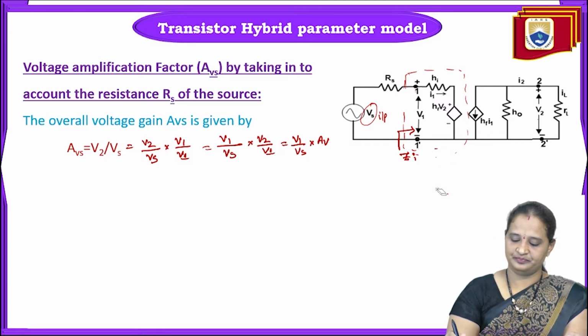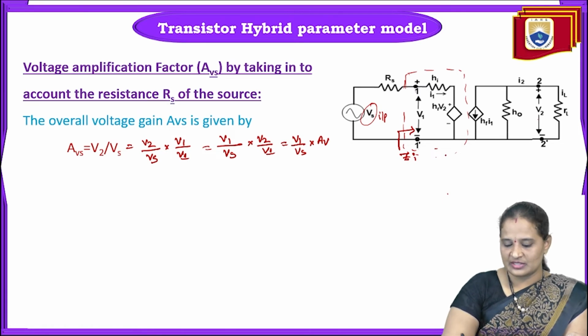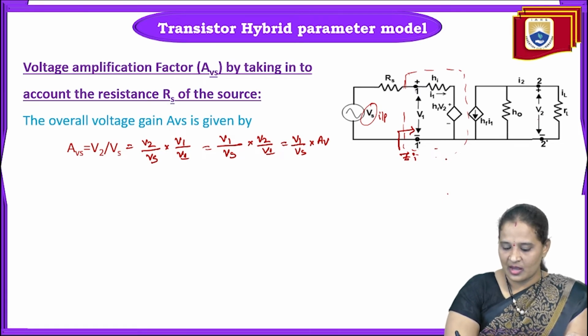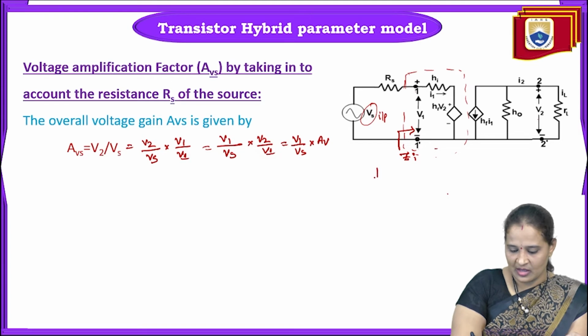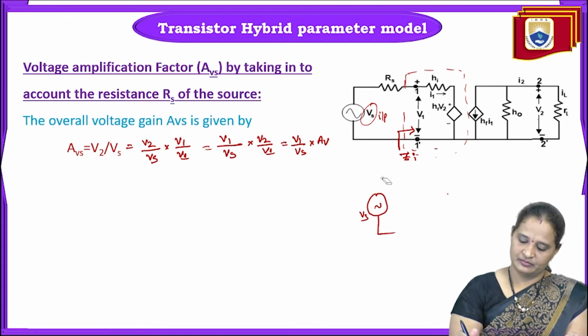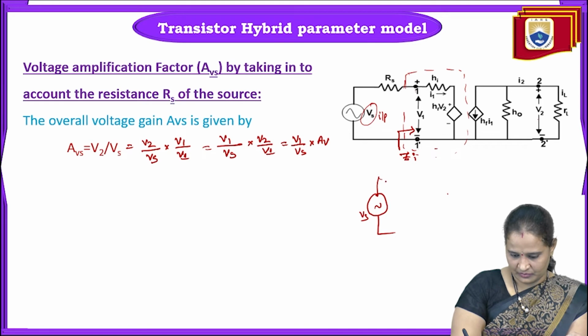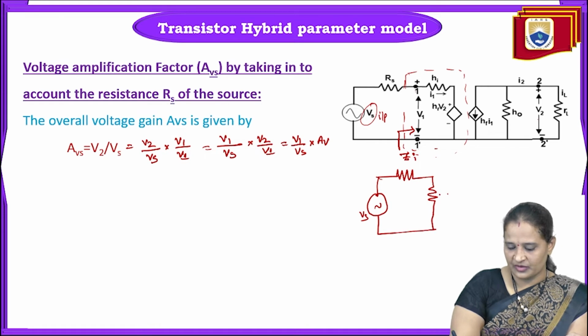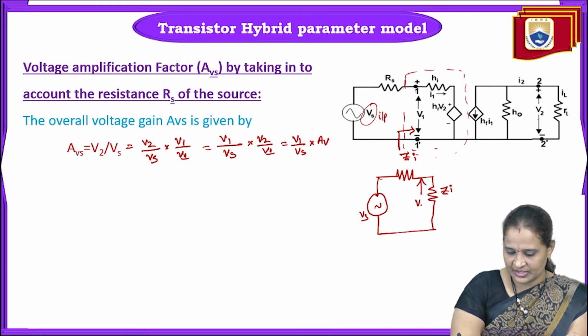This is Rs and this is Zi. What is the voltage across this one?